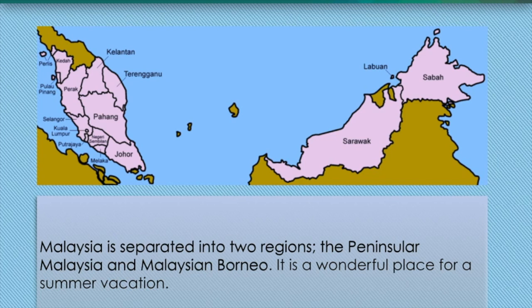This statement is a fact. But in the second part of the statement, the word wonderful is a biased word, which makes this part of the statement an opinion. You may agree or disagree that Malaysia is a wonderful place to have a vacation, but that does not make it a fact.